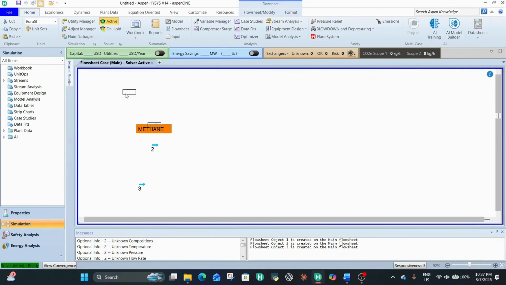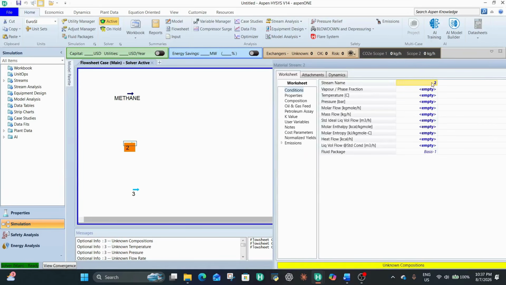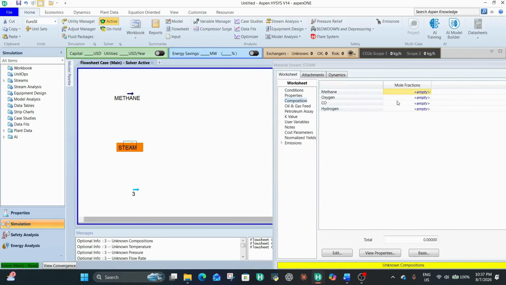Next up, we have our, should we call this steam? Yes, let's say steam. Temperature 350 Celsius. From the steam generation units in our plant, steam is supplied at 350 Celsius and a pressure of 30 bar also, and a molar flow rate of 100 kilogram mole per hour, 100% steam.